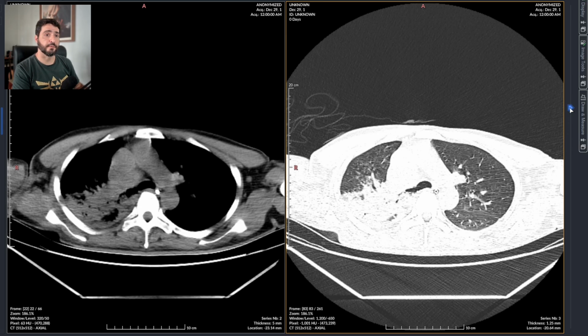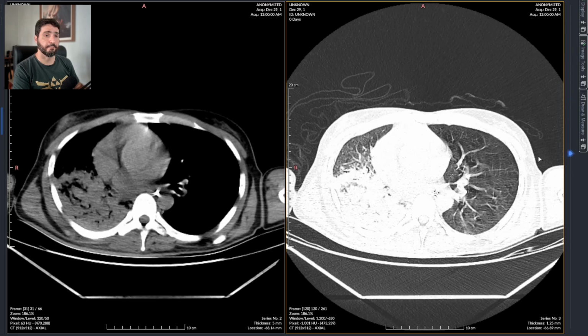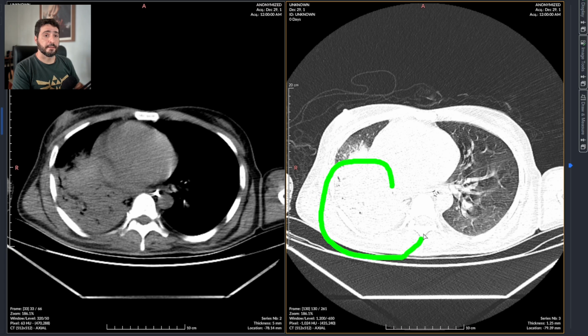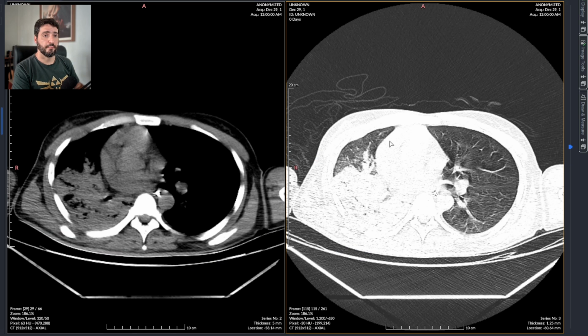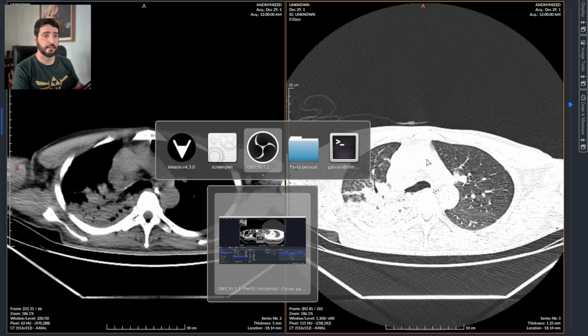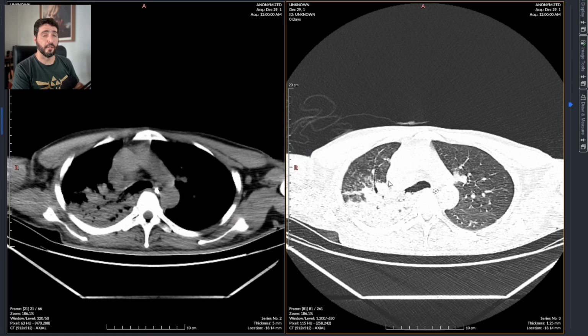As you can see in this case, the right lower lobe is completely devastated by pneumonia, but we also have pneumonia on the other sides of the lung. We also have pneumonia on the superior lobe and in the middle lobe also.